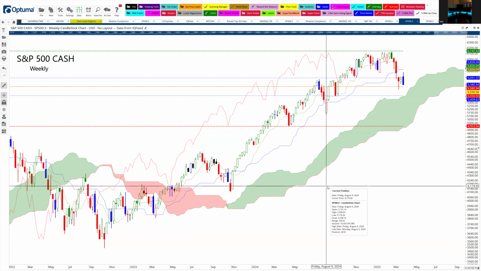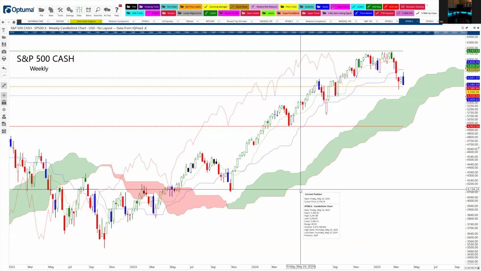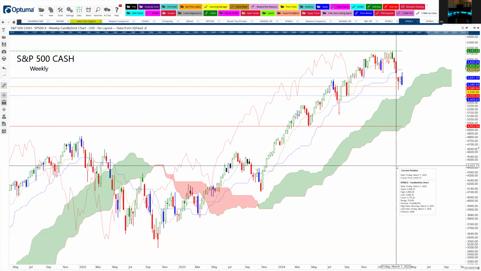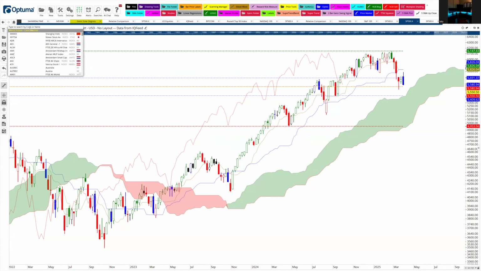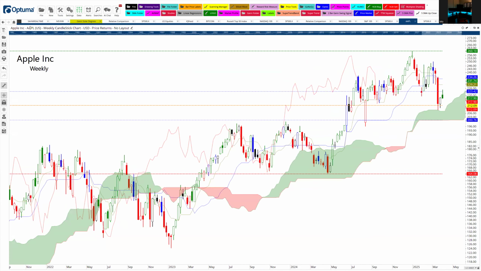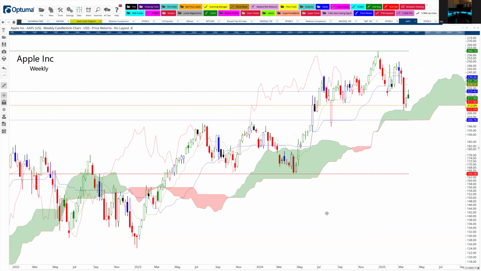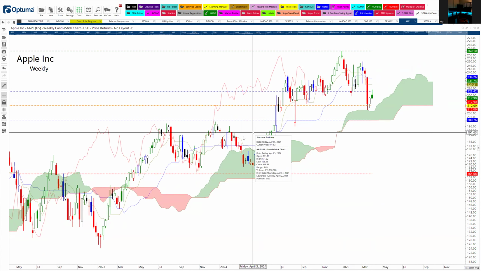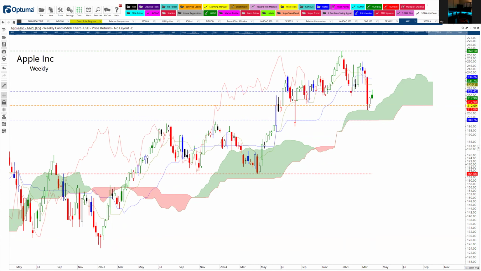I mean, it doesn't look bearish to me at all. Some of these clouds really give you very nice support as well. Been noticing that.